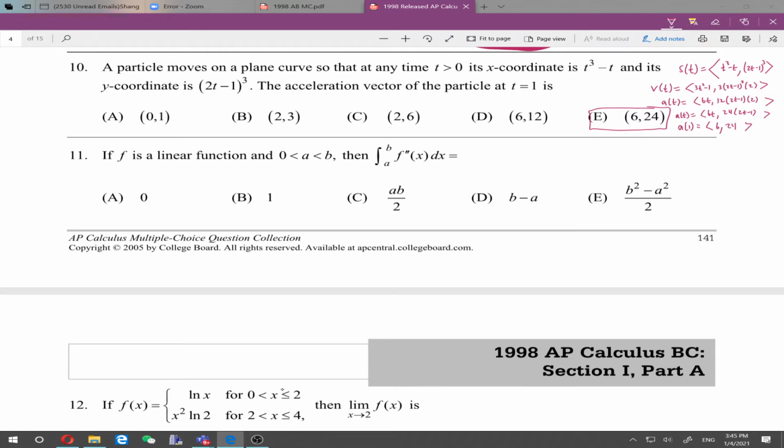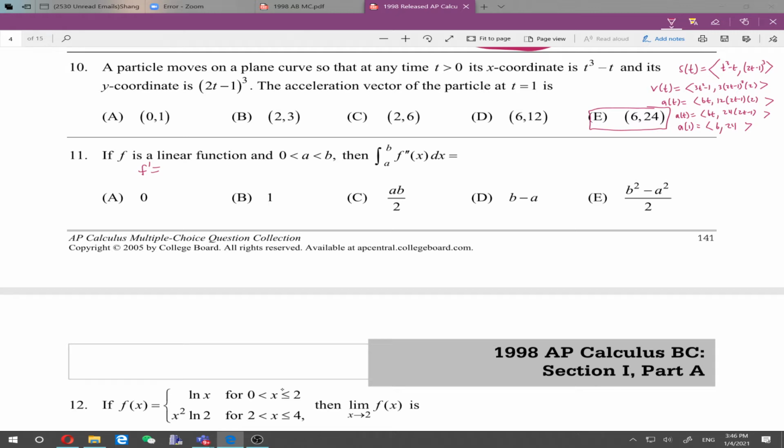So first, if f is a linear function, then what can you tell me about the slope?